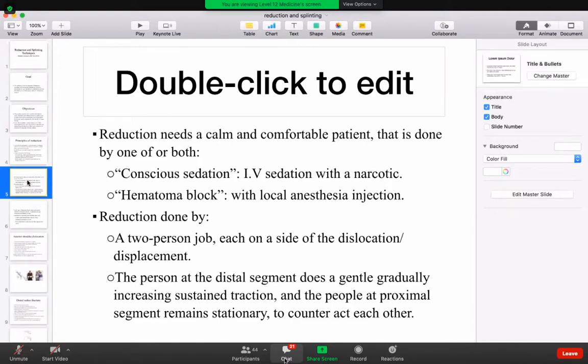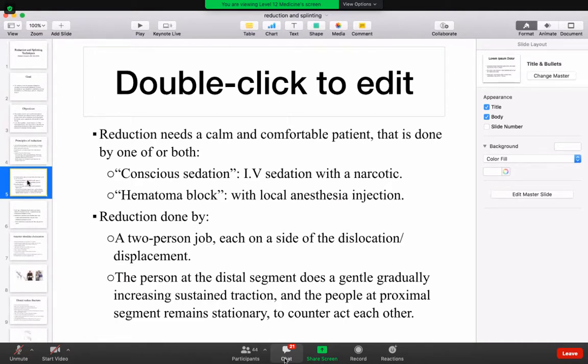So what you do is inject a needle in the fracture site, try to withdraw some blood just to make sure you're inside the hematoma, and then inject some local anesthesia. That will give the patient partial relief of pain, and then you can do the procedure. However, hematoma block is not the best way to do it. It's better to give conscious sedation.